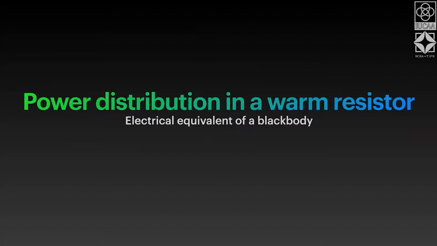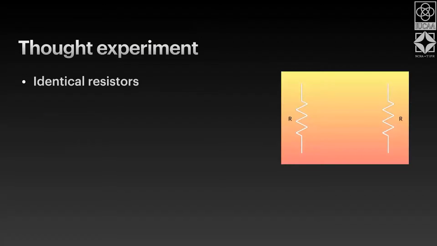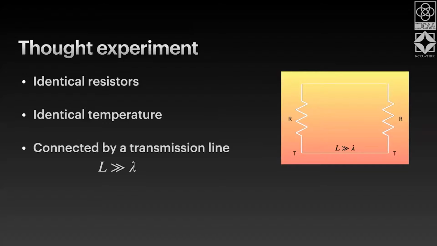At this point, it would be good to know what exactly is the power distribution in a warm resistor. If it's maintained at a particular temperature, what would be its power distribution? For that, there's another experiment where you take identical resistors. The experiment is similar to the previous one, where you have them at the same temperature.